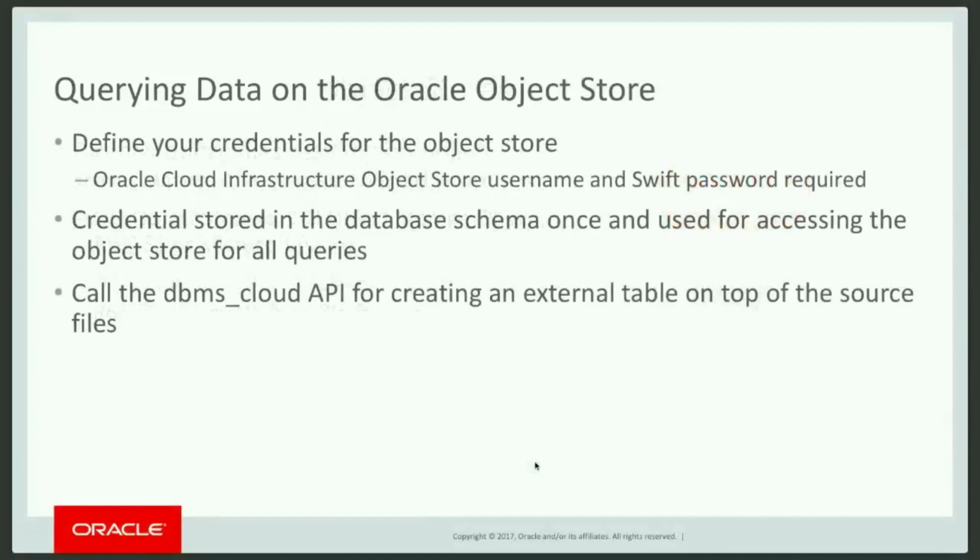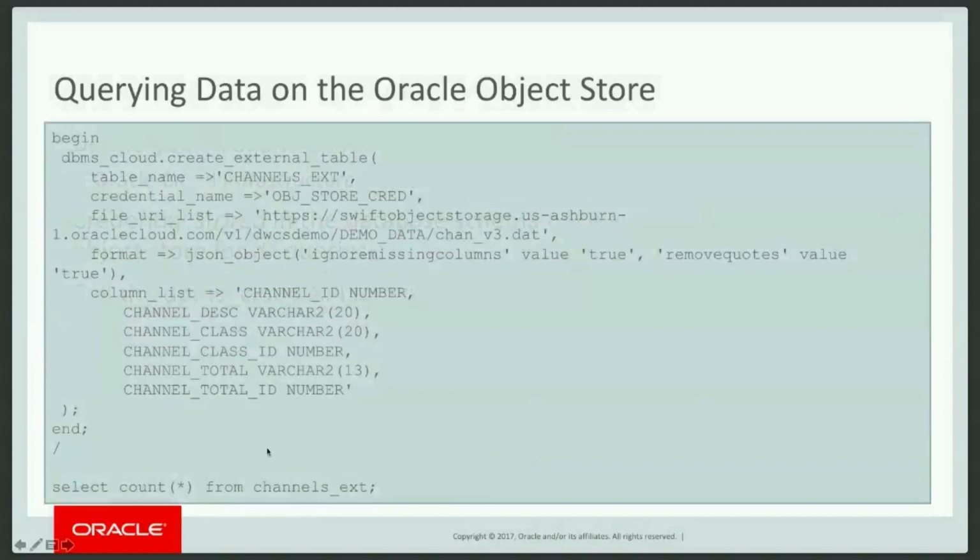As part of this process, you can query using the same DBMS Cloud API. You can in effect just create an external table. So you use the same credential. Once we've set up the credential to the object store, I can reuse that for all of my jobs to that same object store.